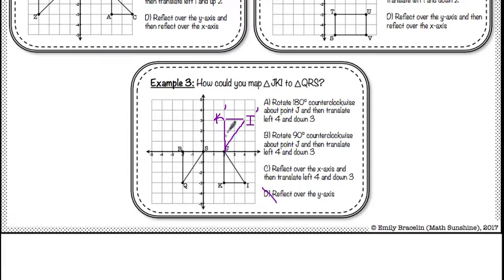Okay, let's see. JKI, QRS. Well, the triangle is now turned in the correct direction. If I take point J and go left 4, 1, 2, 3, 4, and down 3, 1, 2, 3, J is in the same spot as Q. And J and Q are supposed to map to each other. So J and Q are corresponding points. C is the correct answer because if I go left 4 and down 3, these two triangles match up.